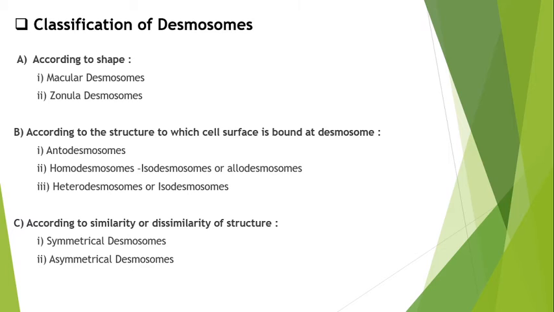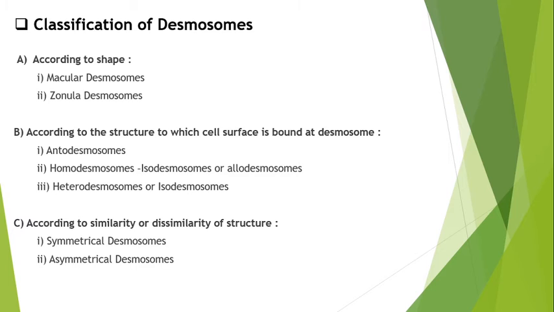Auto means same. Autodesmosomes are those which bind an area of the cell surface to another desmosome on another area of the surface of the same cell.